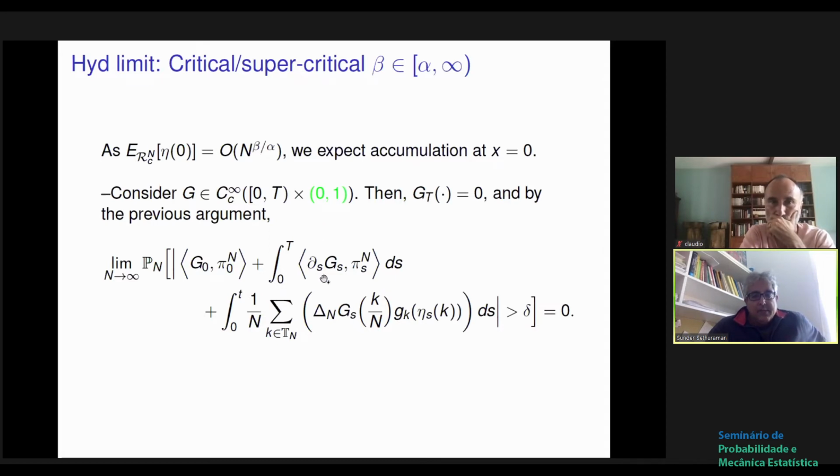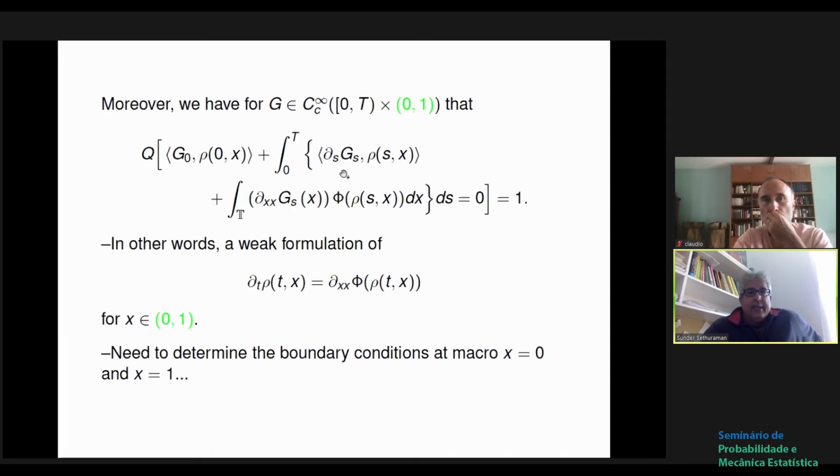The same argument that we gave before will give us this kind of statement. And moreover, we can go to the limit points, and we'll get a weak formulation for a class of test functions. But we know that the boundaries matter.